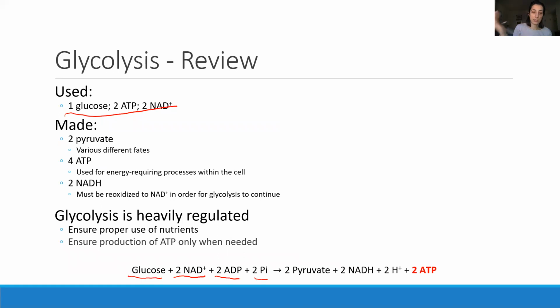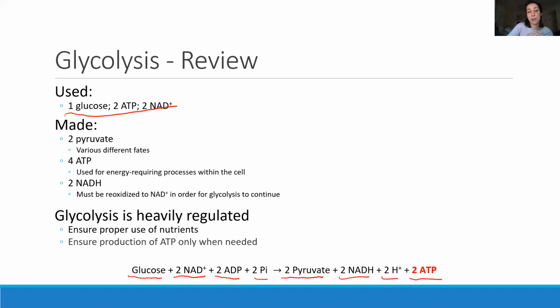So these phosphates are going to ultimately be used to make the ATP. We generate 2 pyruvate, 2 NADHs, 2 protons, and 2 ATPs. These protons are connected to the generation of the NADH from NAD+. So this is our net reaction.